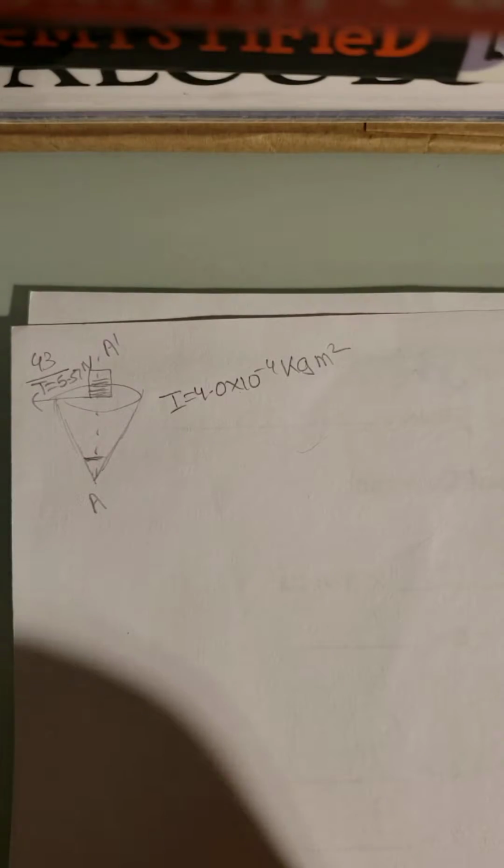So to begin, we'll first write what the sum of torque on the top is equal to, which is just I alpha. Replacing I alpha with its linear component, we get I a over r, since a is equal to alpha r.